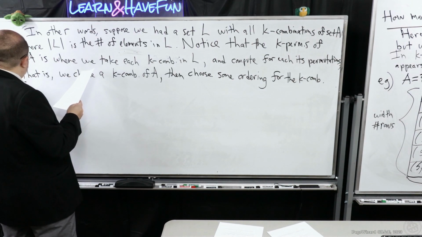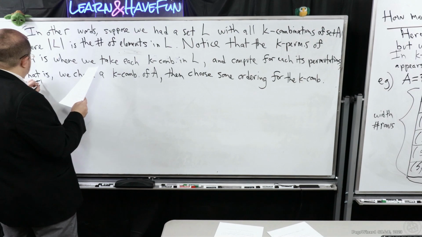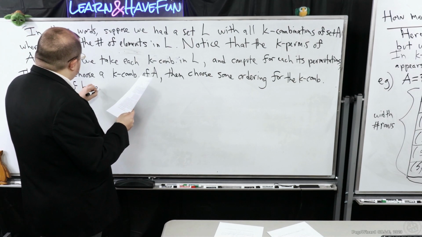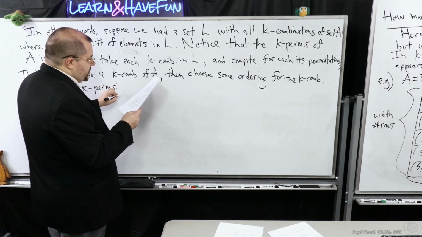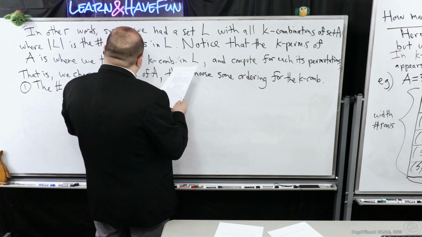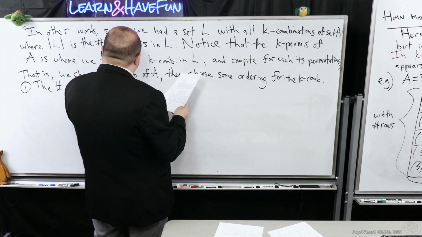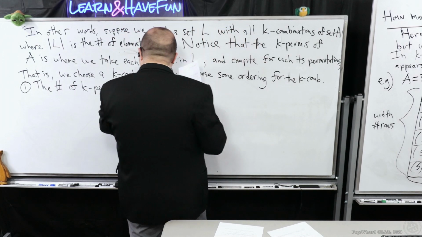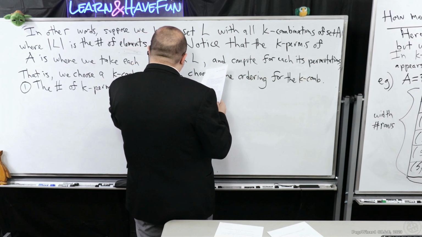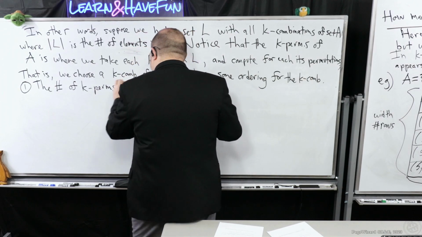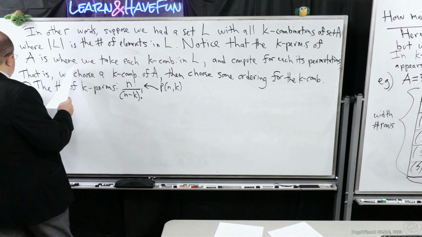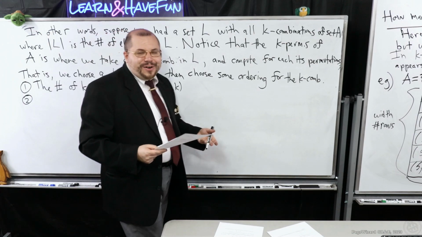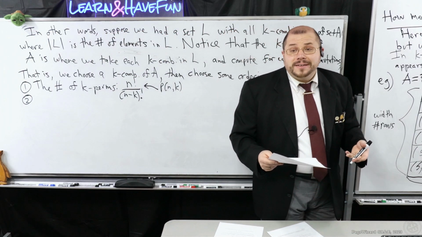Just remember observations. 1: The number of k permutations in total is n factorial over n minus k factorial, correct? We derived this earlier, which, remember, we write as P(n, k), this whole expression. 2: How many permutations are there of k objects?